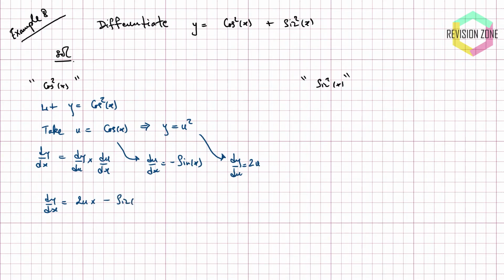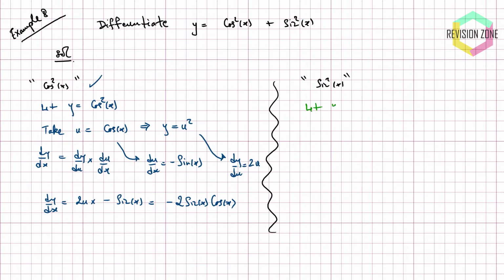We want to write the u in terms of x, but we know u is just cos x. So we can write that down, and simplifying this would give me minus 2 sine x cos x. I've done all of that in one step. So if we've managed to work out the derivative of cos squared using the chain rule, let's go back and perhaps we can write in green this time, and let's work out the derivative of sine squared.